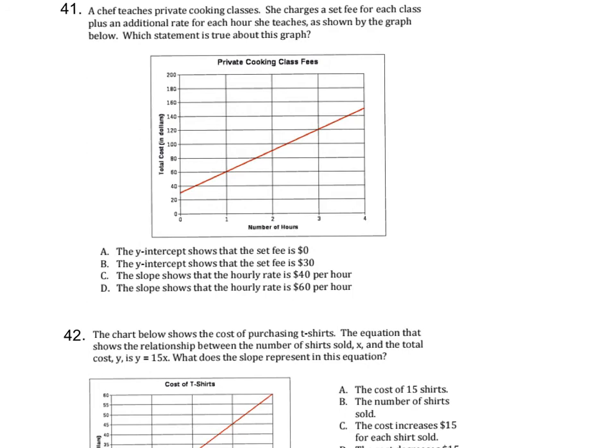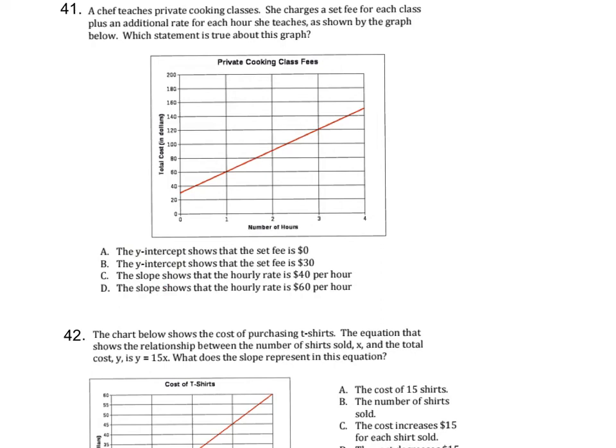41 says, a chef teaches private cooking classes. She charges a set fee for each class, plus an additional rate for each hour she teaches, as shown by the graph below. Which statement is true about the graph? Notice that the questions are asking about the y-intercept and the slope.